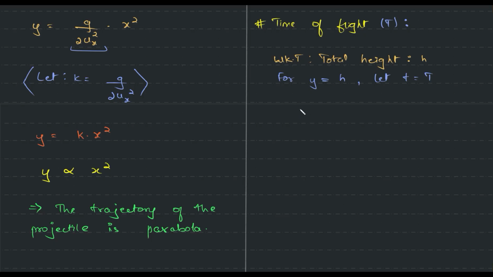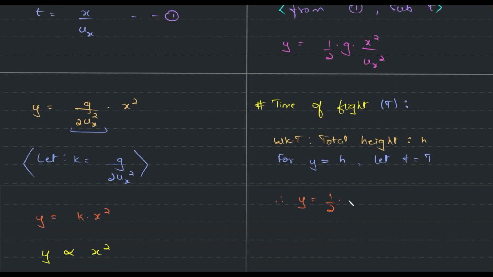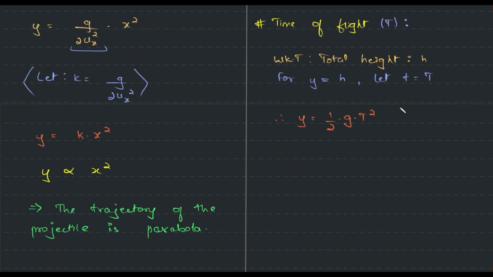That's the very definition. Therefore, y will be equal to half of, we're taking equation 2, g times t square. So we want an expression for T. Sorry, by the way, this is h, not y.